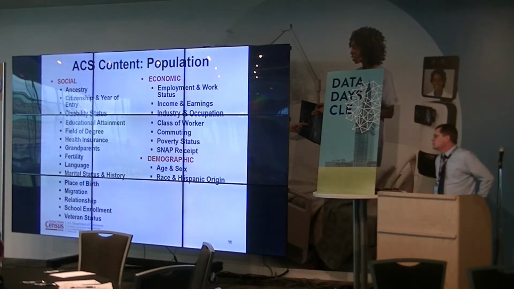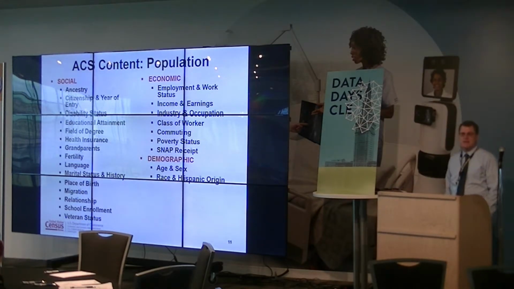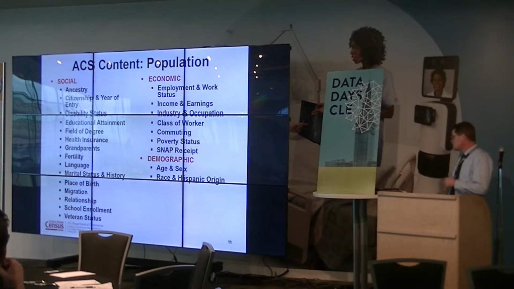This is just to show you some of the content of the ACS. If you're looking for data from the American Community Survey, you look at social topics, for instance. If you want to know how many grandparents are caregivers in Cleveland, what languages do people speak at home?